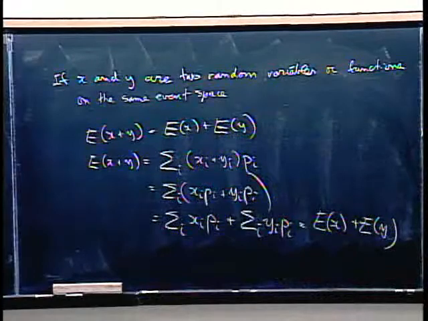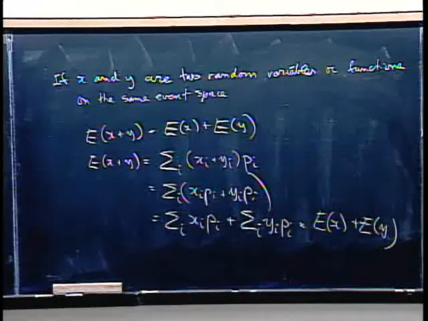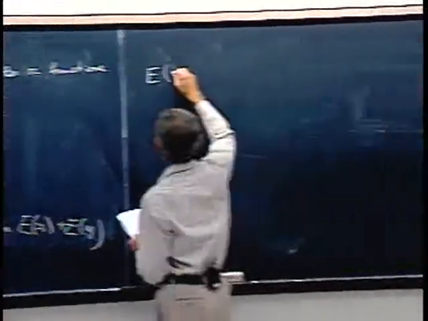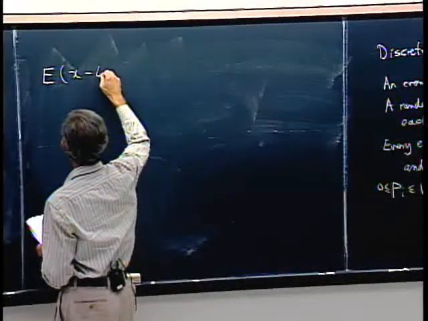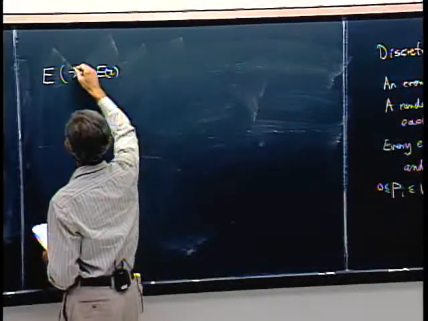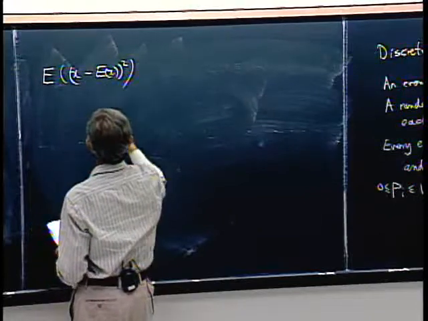Okay, so if you believe that proof, I could get another formula for the variance. Because what I'm going to say is the expectation of the quantity x minus E of x, squared.